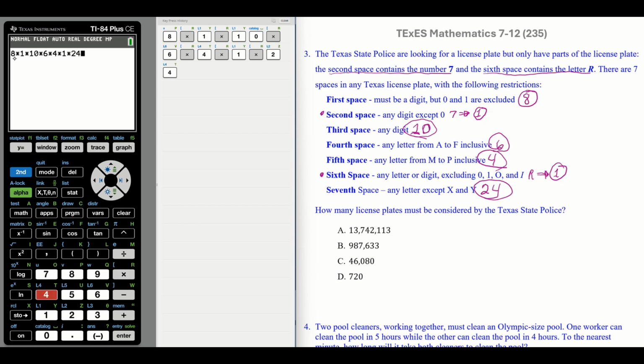Double check I have them all in because we should have 7 numbers. 1, 2, 3, 4, 5, 6, 7. All right, press enter. And there's our option. And it is C. That looked a lot worse than it actually was.